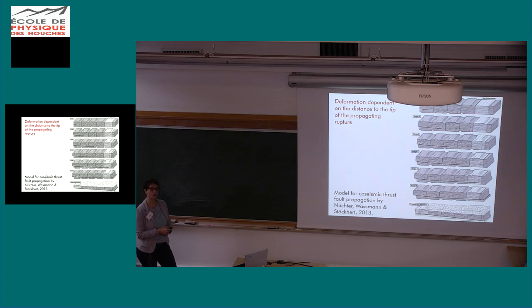If we talk about major shear zones, then we have to assume that we don't have just one rupture, but the rupture is acting on several time increments, and so we have a propagating rupture front. If we look at one rock, we might see deformation dependent on the distance to the propagating rupture tip. So we might see systematically in the rock's record, firstly deformation far away from the rupture zone, and then finally we see the rupture zone crossing our rock record.